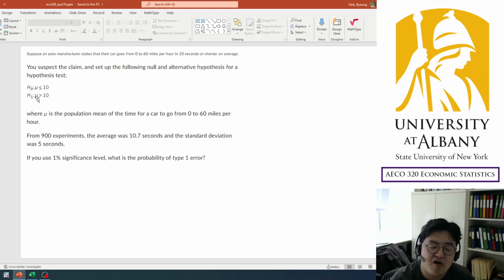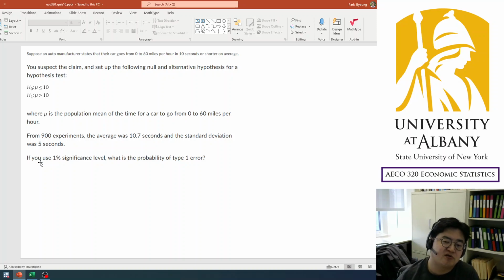But if that's wrong, you need to reject your belief. That is when the mean is greater than 10. So in this case, it is an upper tail test. If it's shorter than 10, then the car is good enough, so you don't need to do anything. But if it's significantly longer than 10 seconds, then the advertisement is wrong. So the car maker could be in trouble.